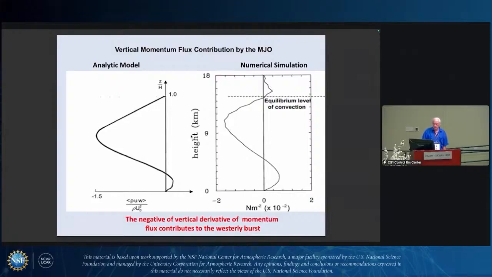And on the left here, you see the analytic model, and the other side is the numerical simulation by Grabowski. And you notice they agree quite well. And the negative vertical momentum flux contribution produces westerly wind burst type circulation.